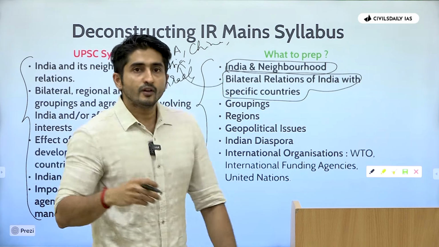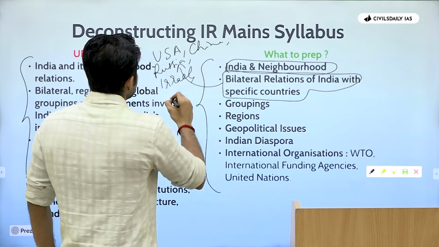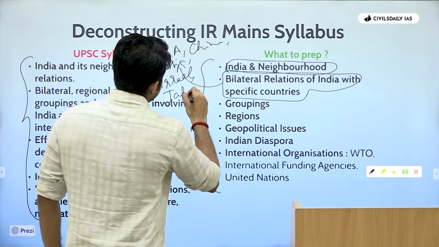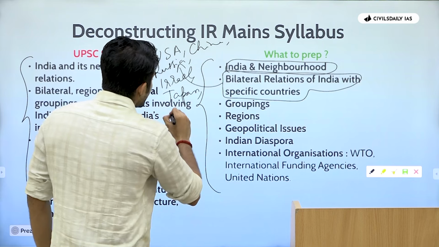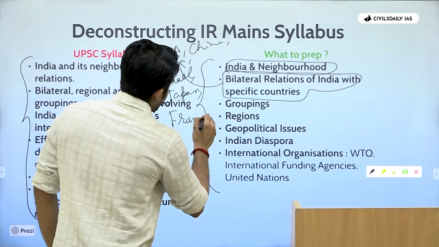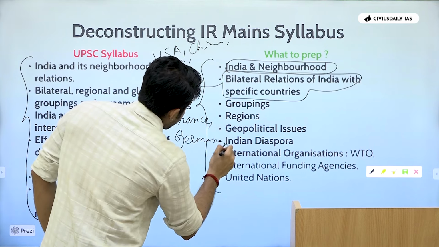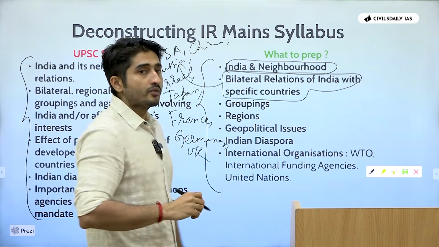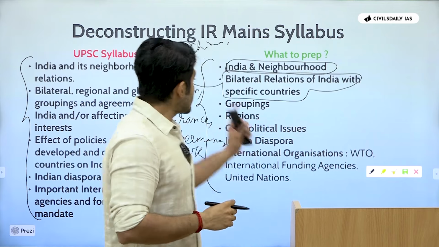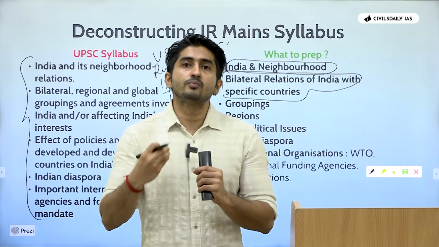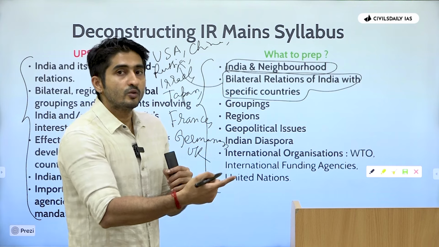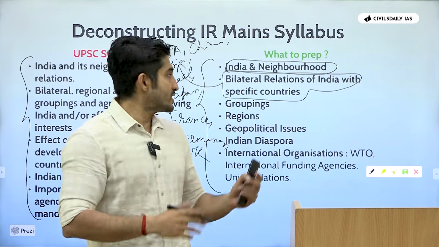Then when you move into East, you find Japan. Then in Europe, France, Germany, UK becomes very important. So while studying these countries, what is the approach you should take? That is what we are going to discuss based on our previous year questions.